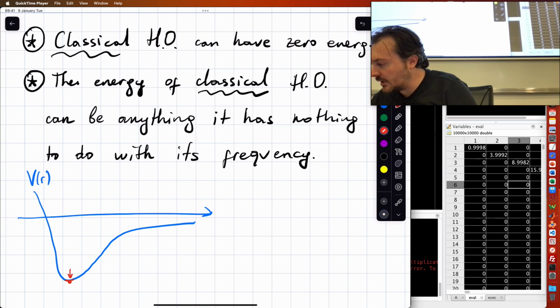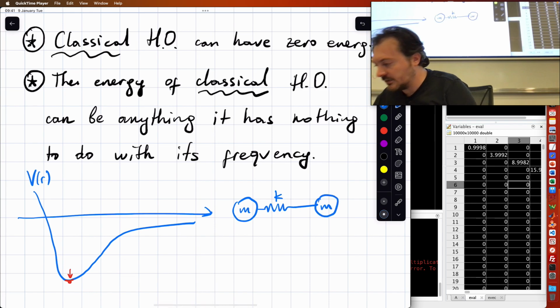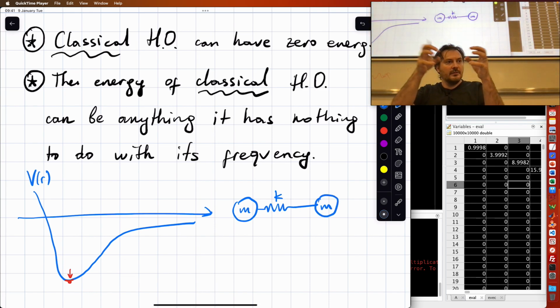Since they are vibrating, you can think of them as two carbon atoms with a certain mass and a certain spring coefficient, a system like this. And it will just vibrate. If you treat the carbon atom classically, it can have any energy it wants to have. It will turn out to be not the case.